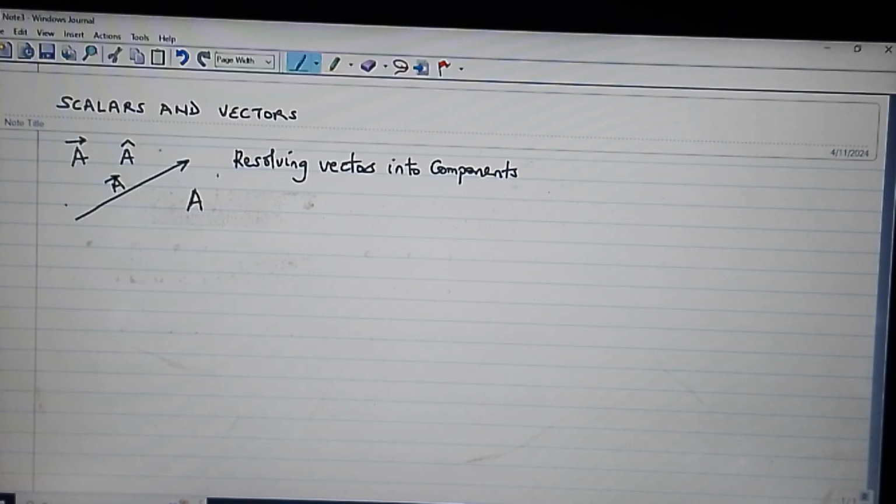So we can resolve vectors either in 2 dimensions or 3 dimensions, just say 3D, using the Cartesian coordinate system.